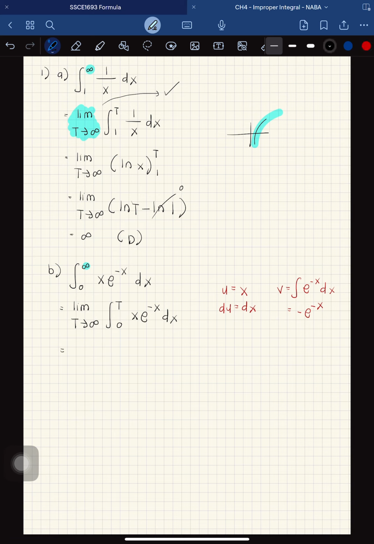Apply integration by parts: uv minus the integral of v du.